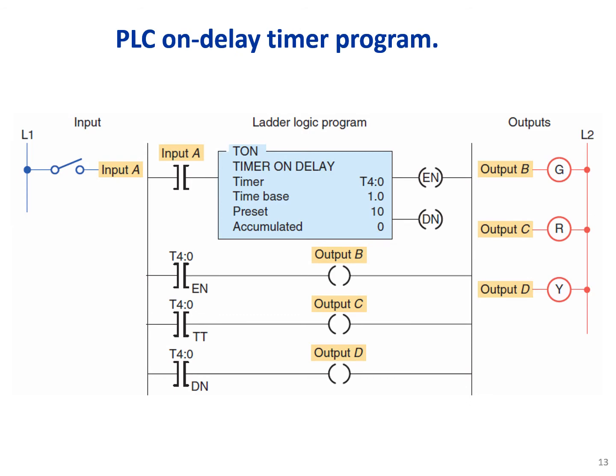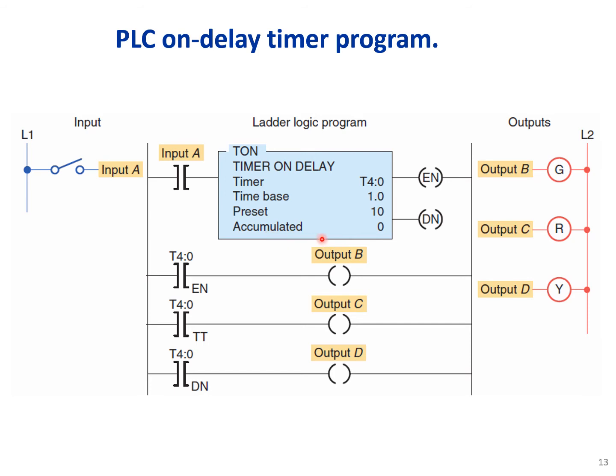PLC undelayed timer program. So here we have one example of an undelayed timer. We have an input. This is an undelayed timer. You see that we have a preset time value of 10 seconds. The time base here is 1 second. This is basically a time interval, which is a standard for Codesys and TIA both.